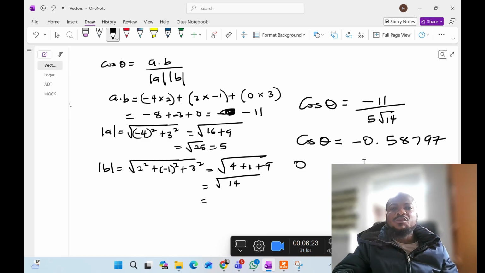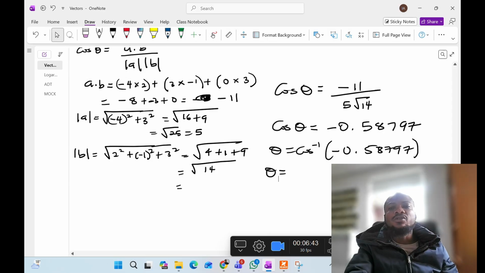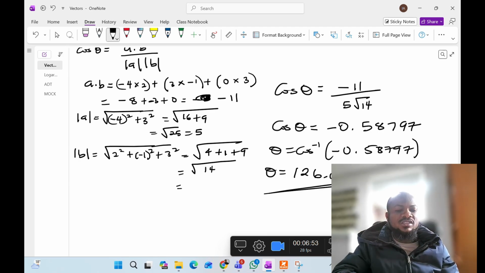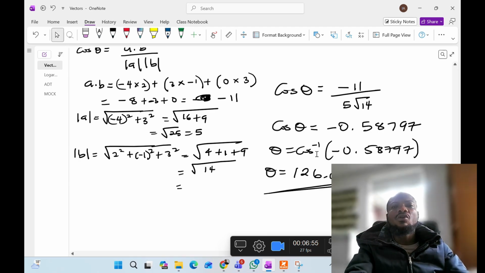That means theta will be equal to arc cos of minus 0.58797. While you're writing your steps, make it at least 4 decimal places. When you're writing your final answer, you can decide to make it 1 decimal place. So the arc cosine of this will be equal to 126.0 degrees. So this is the angle between the two lines.